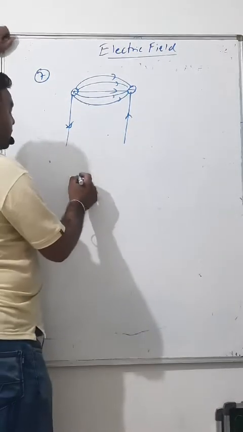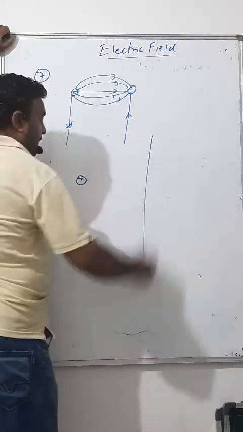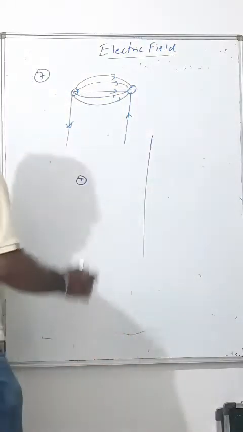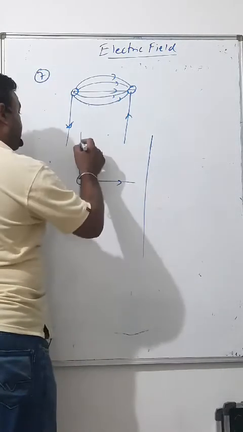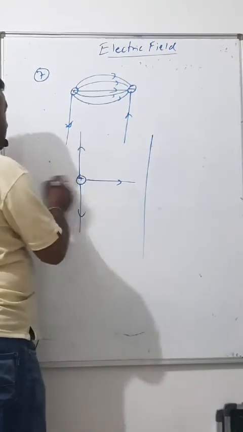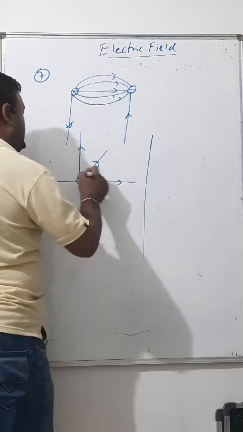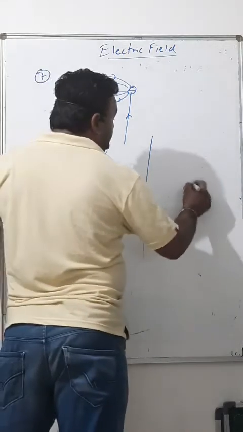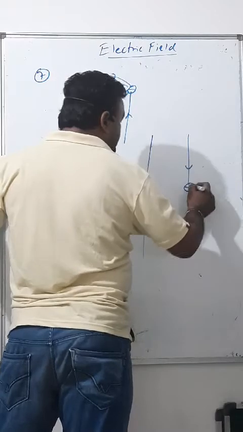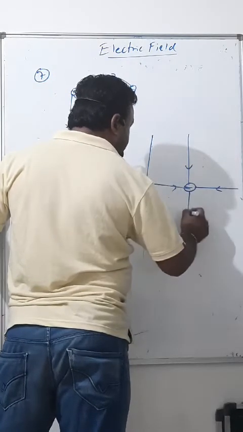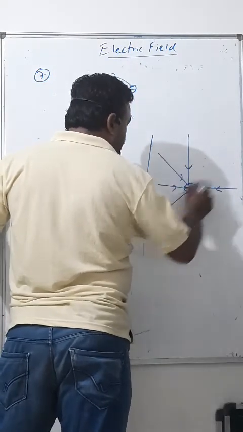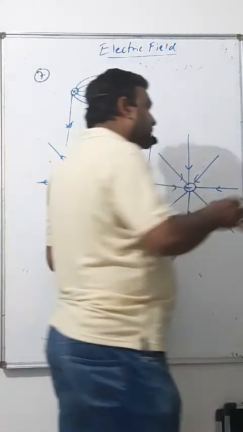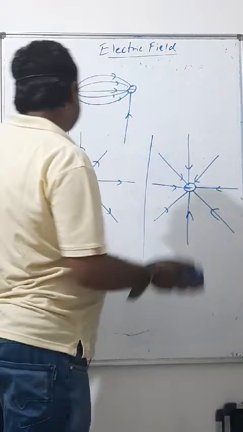And here to be understood, if this is a plus charge, and there is no other charge up to a large distance, then its electric lines of force will be like this, exactly as the rays radiating from the sun. For a negative charge, it will be like this.